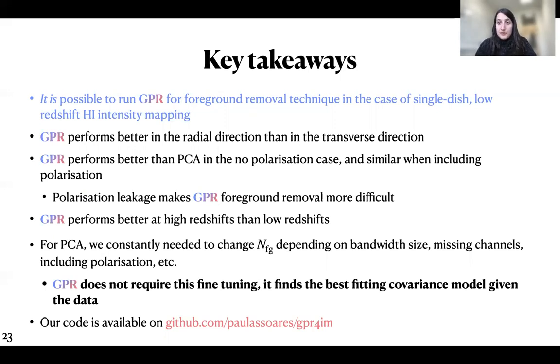So we have to use the data to find the best number of components to remove without really knowing the truth. So this can be a little bit of a tricky parameter to choose. And GPR does not require this type of fine tuning. It finds the best fitting covariance model given the data using, for example, gradient descent or nested sampling. So this is an advantage that GPR poses over foreground removal methods that have this sort of parameter that you have to fine tune.